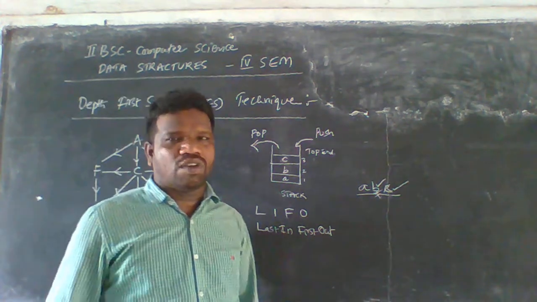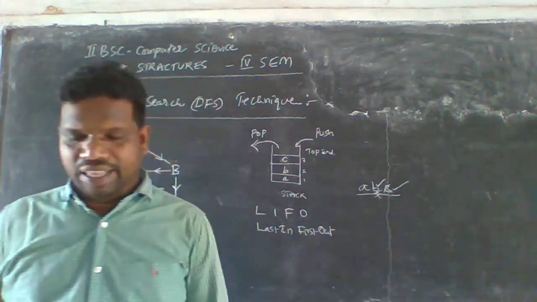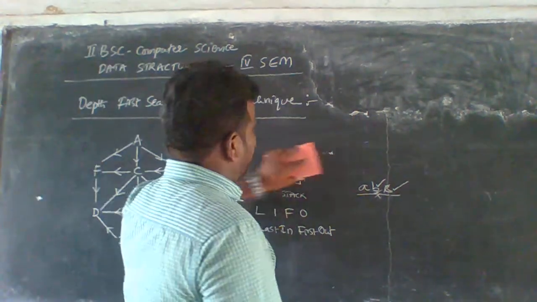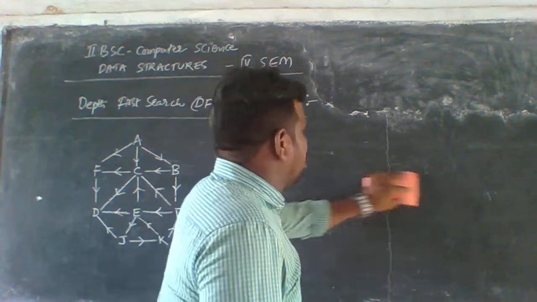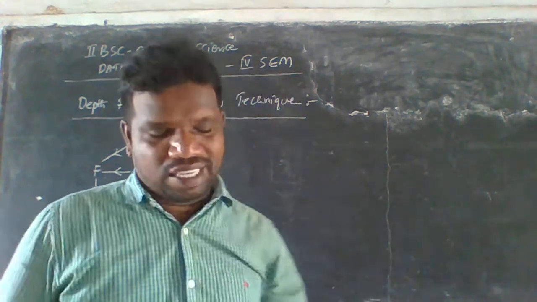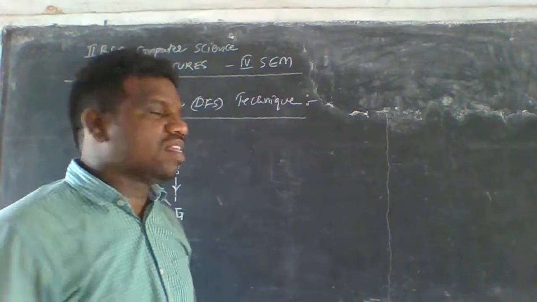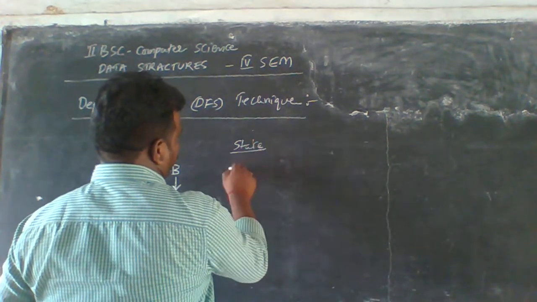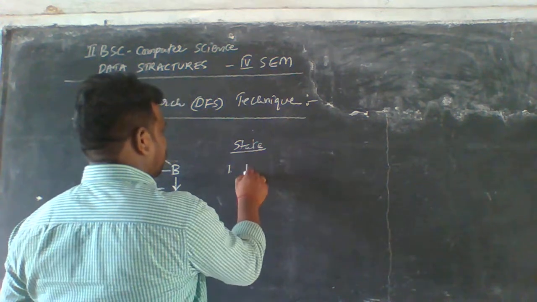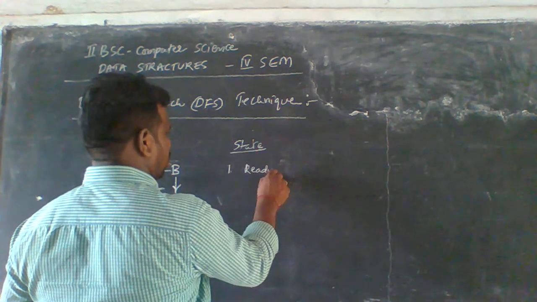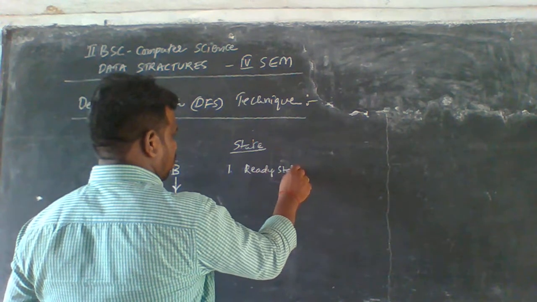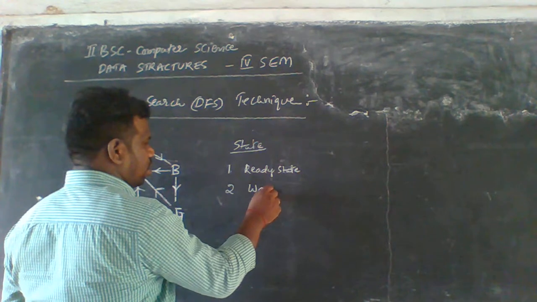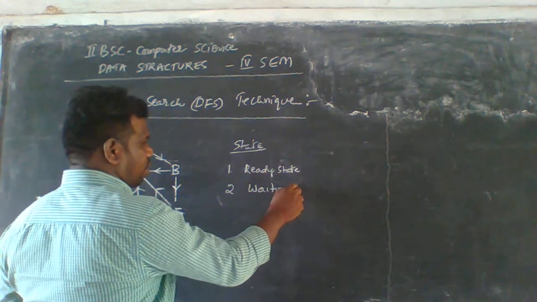And now I am going to talk about the DFS algorithm. In this scenario, we have to see there are three states available, that is the states of status. The first one is called the ready state. The second one is called the waiting state.